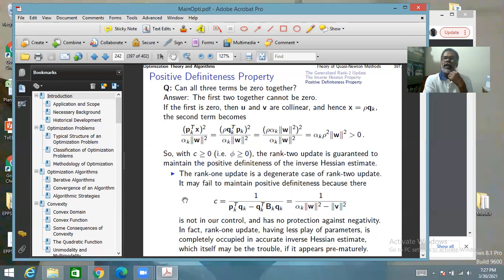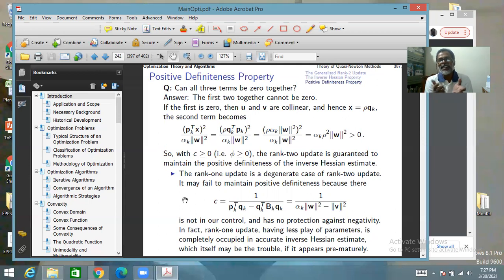In fact, rank 1 update has only one parameter in hand, so that all its attention is fixed at construction of the inverse Hessian correctly, and after that, it has no freedom, and therefore it cannot allow any fudge around that to maintain positive definiteness.